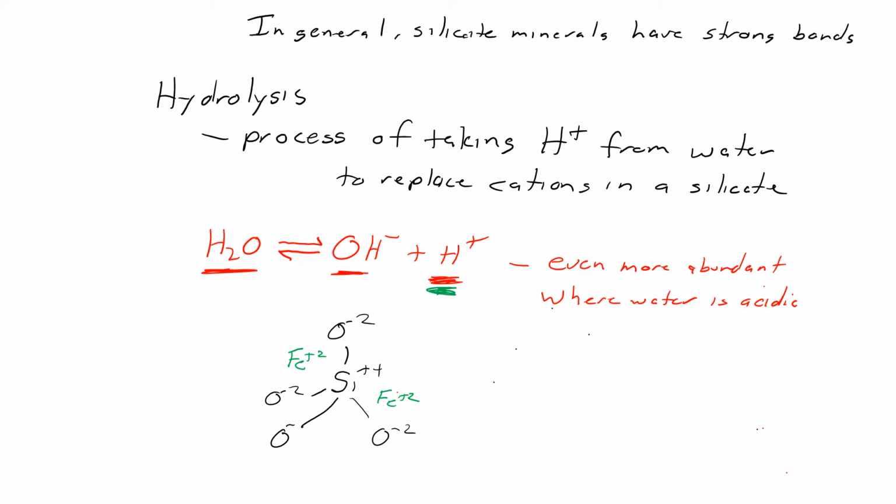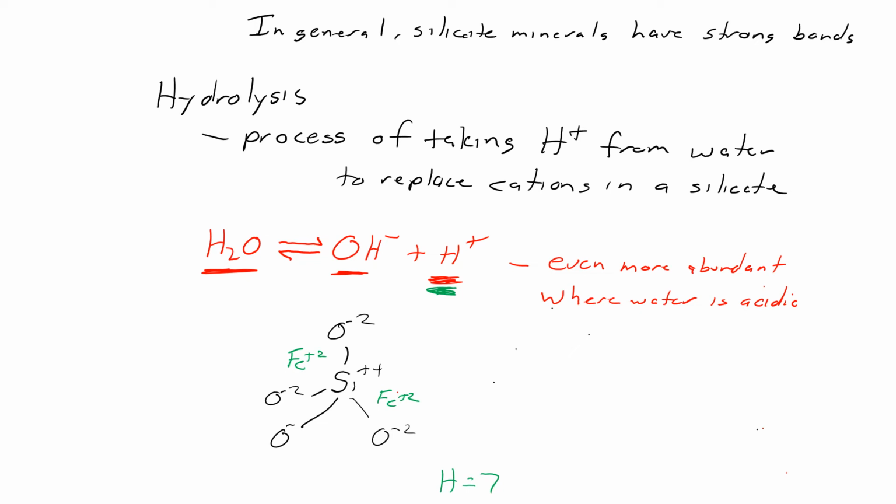And if you remember back to your intro labs, olivine is a really hard mineral. It actually has a hardness of 7, which is hard enough to scratch glass. And these bonds are extremely strong. To melt olivine, you have to raise the temperature to almost 1500 degrees C. So these are not easy bonds to break. But hydrolysis can do it.